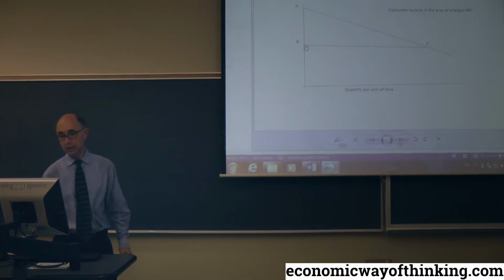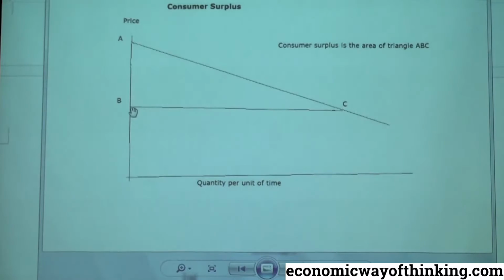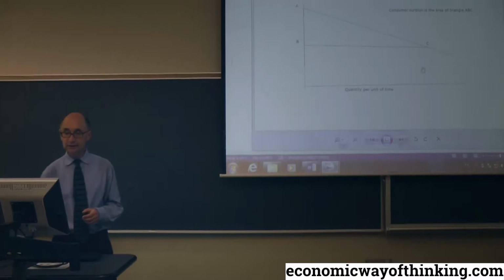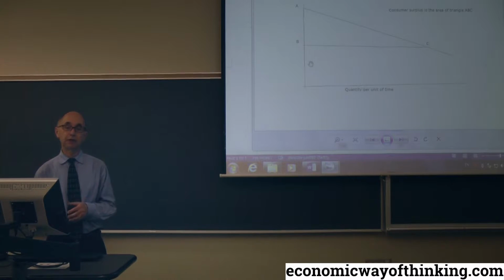But you see, competition in the marketplace drives the prices, say, to this level, and you don't have to pay for each good the price that you were willing to pay. So in other words, your cost for buying 3 bars is much less than the overall level of satisfaction that you get from those 3 goods.